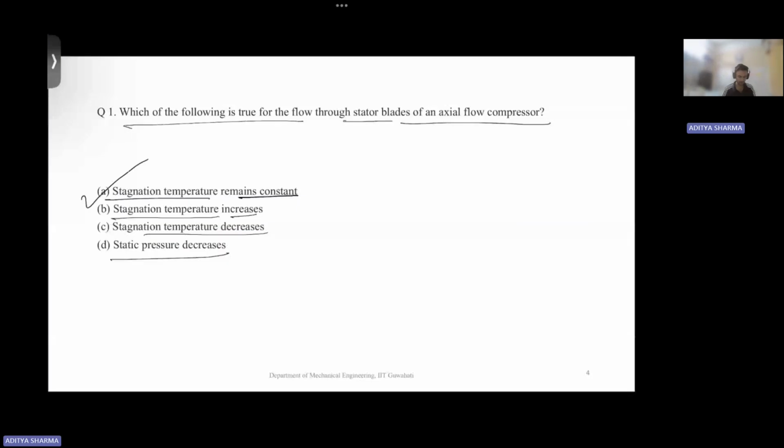So in that case, A. Question number one, option A is correct. Then moving on to the next question. I hope this is clear.